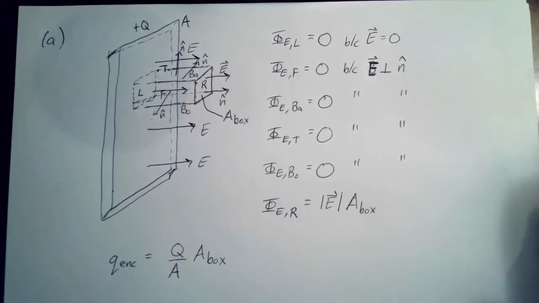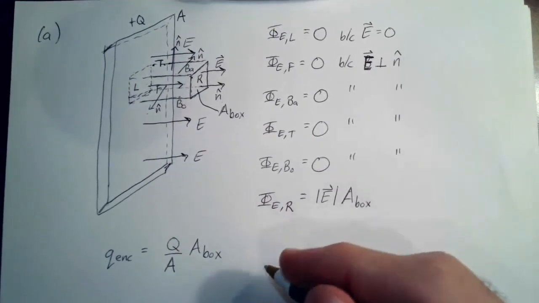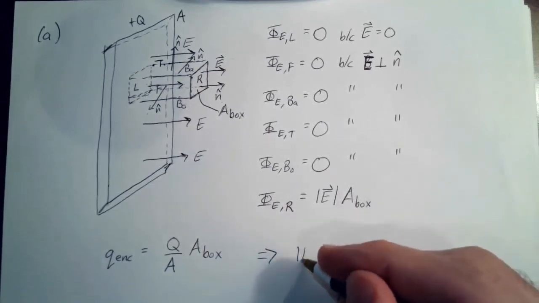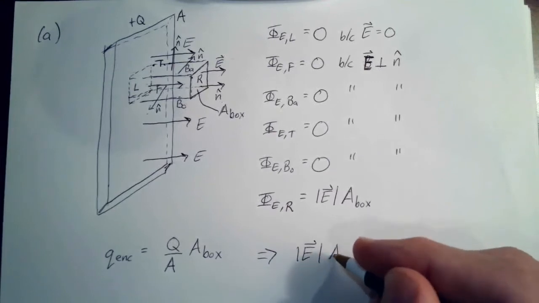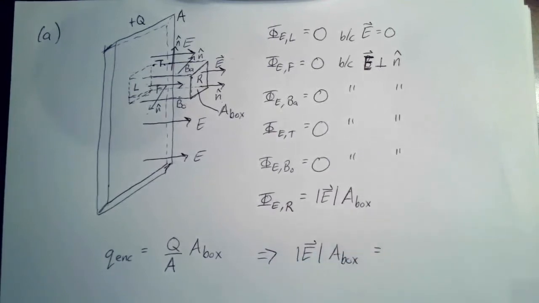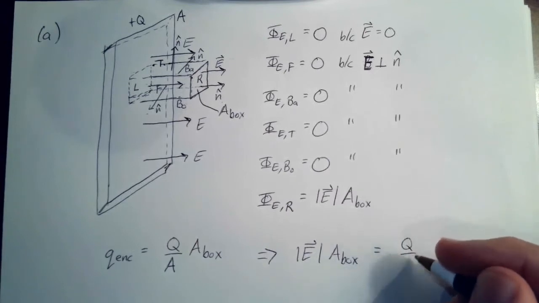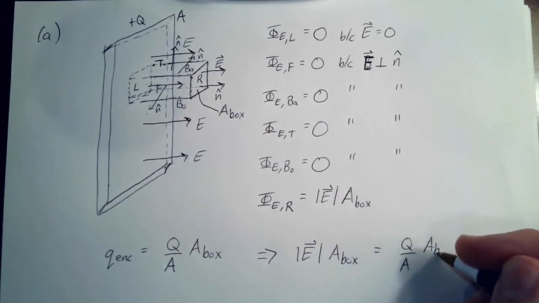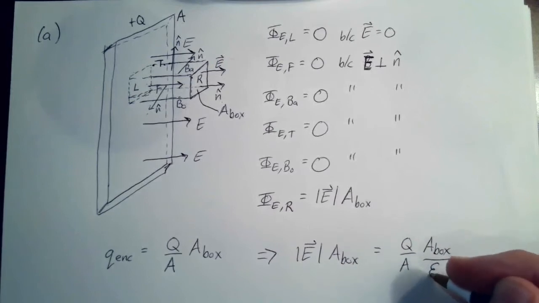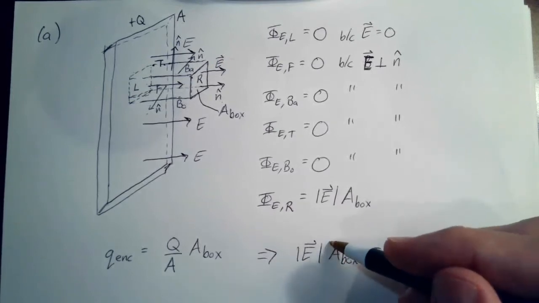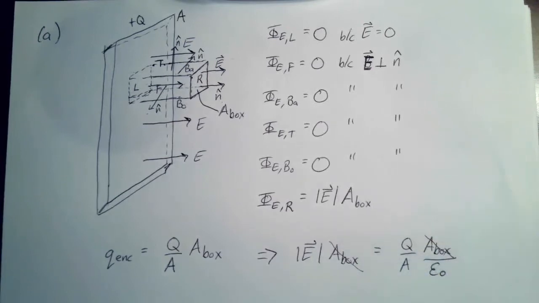All right, so now putting this all together into Gauss's law, I have the left-hand side, which is E times A box, is equal to the right-hand side, which is Q over A times A box, and then I need to divide by epsilon naught. And as expected, A box cancels.